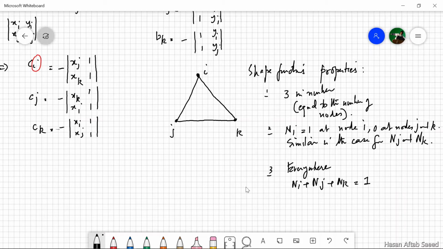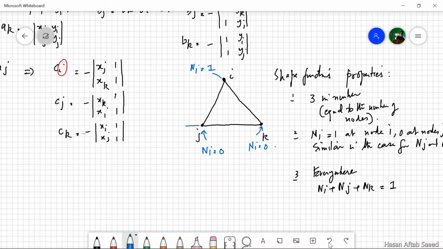Now, if we know that ni is equal to 1 here, and ni is equal to 0 here, and ni is equal to 0 here, we can draw a line joining j and k, or through j and k, and say that on this line ni is equal to 0. Then what we can do is we can draw a line parallel to this line, but this time it passes through I, and say that ni is equal to 1 here.